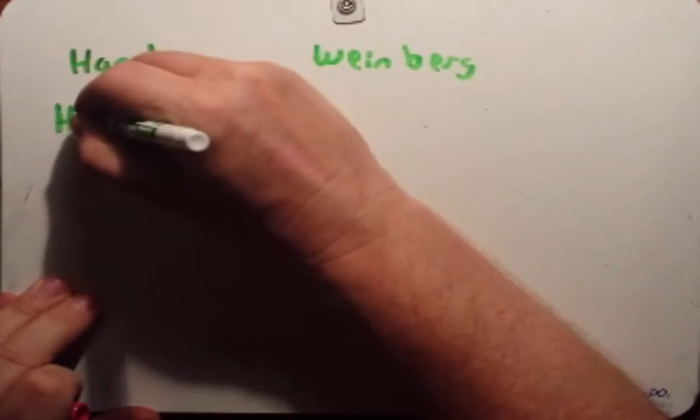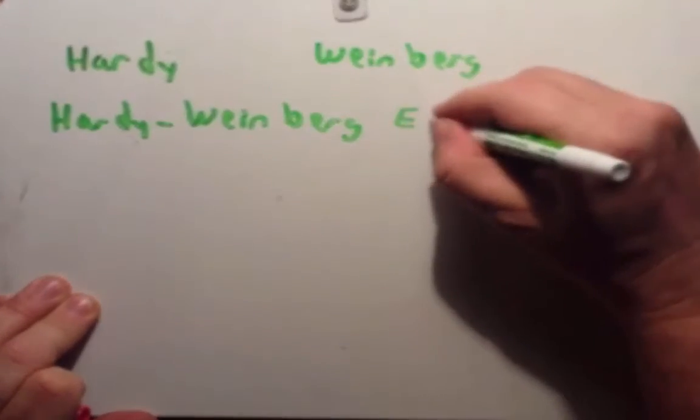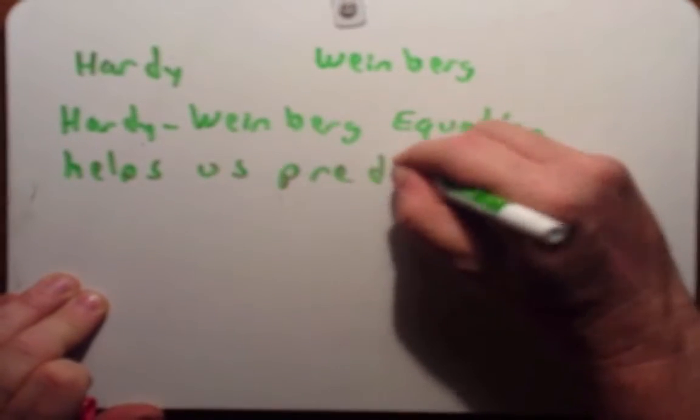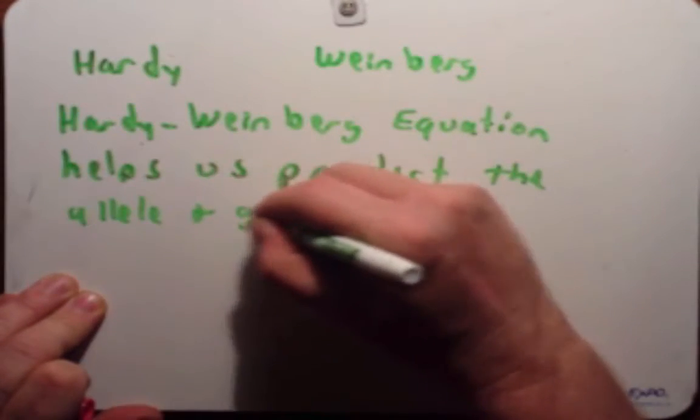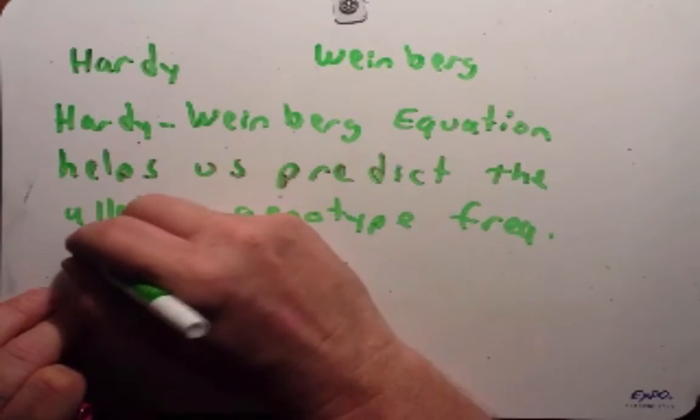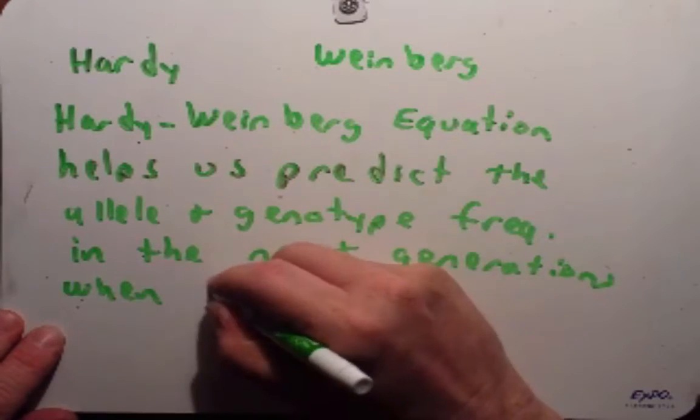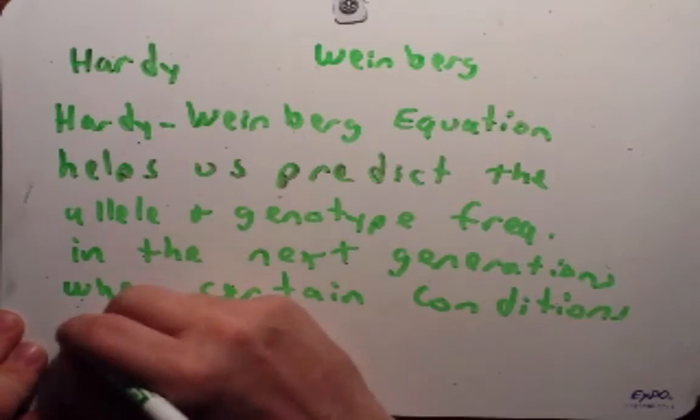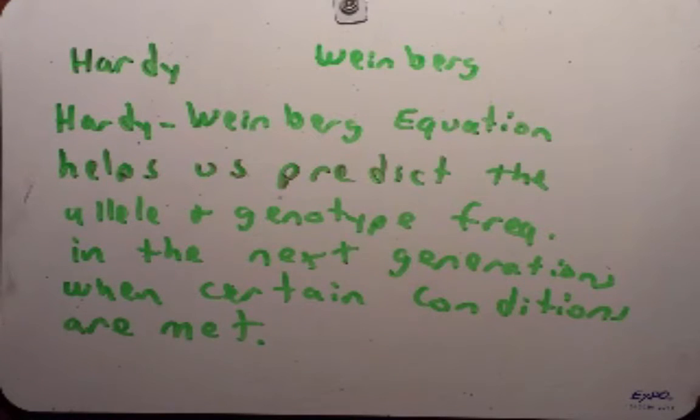So the Hardy-Weinberg equation helps us predict the allele and genotype frequencies in the next generation when certain conditions are met.